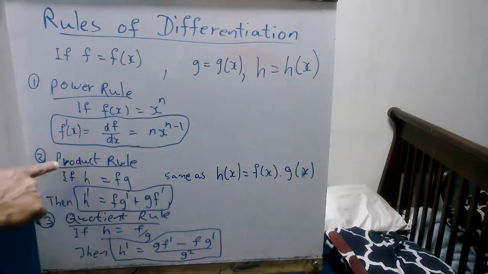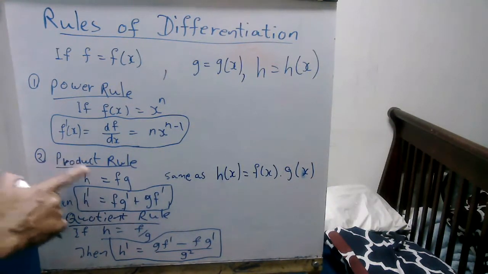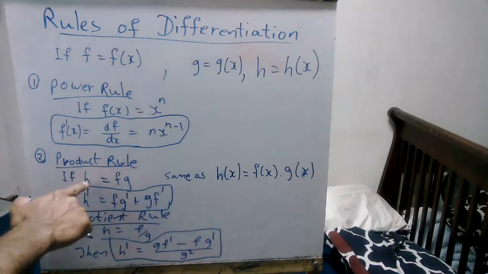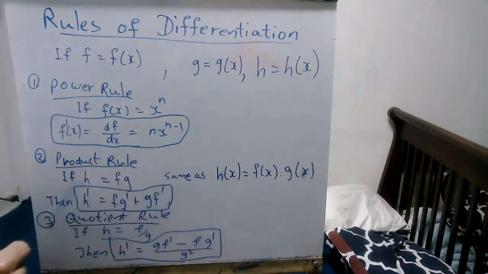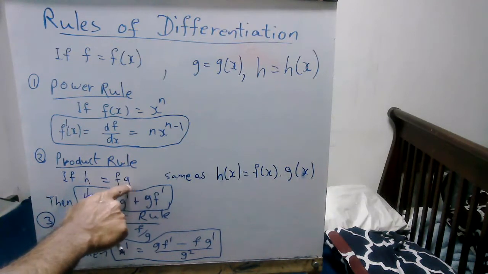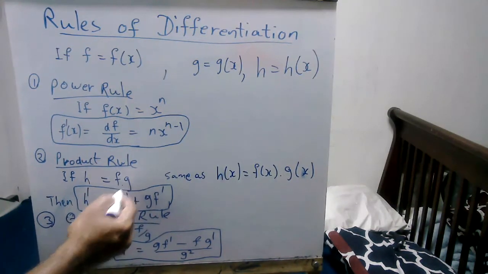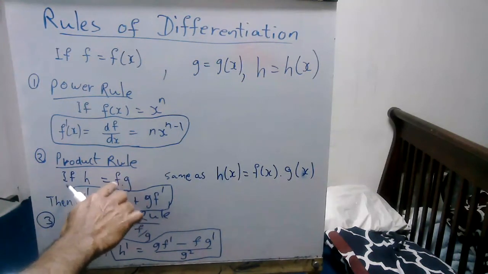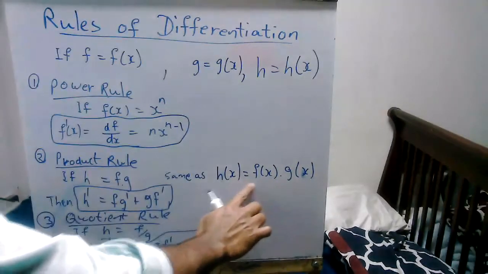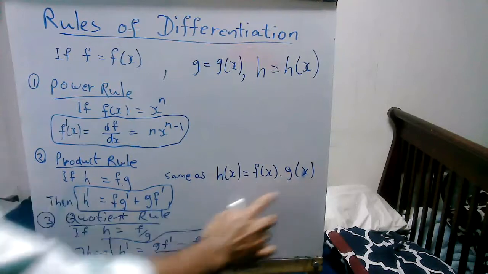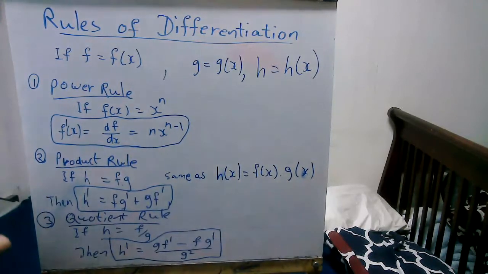Today we're going to learn the product rule and the quotient rule. What the product rule is saying is this: if h equals fg, f multiplied by g, if you want, I put a little dot there. Writing this is the same as h(x) equal to f(x) times g(x). Clear?